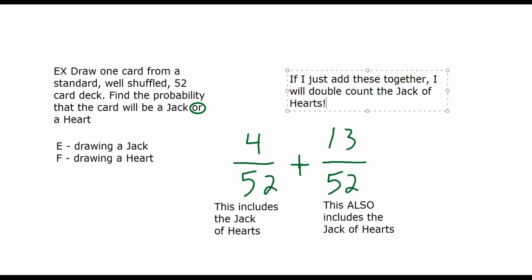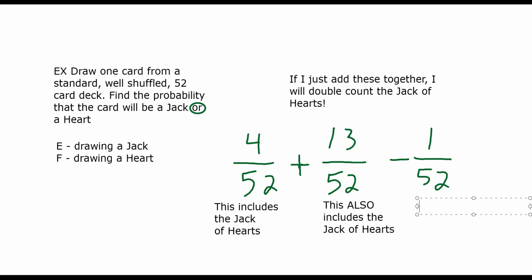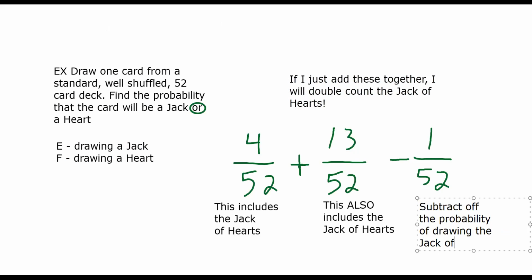Oh no. So here's what I'm going to do. I'm going to subtract off the probability of drawing the jack of hearts. We need to subtract off the probability of drawing the jack of hearts. It's still counted once though, which is what we want.